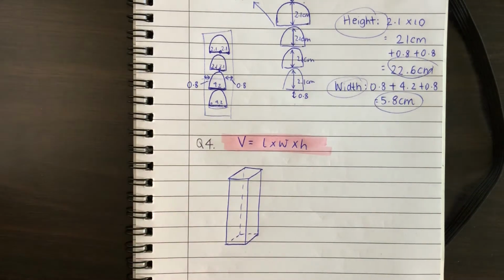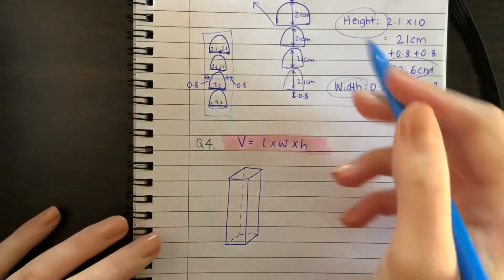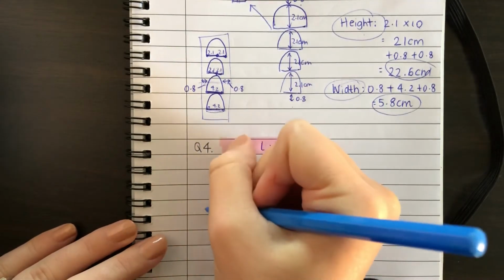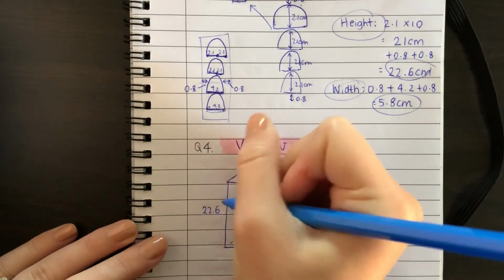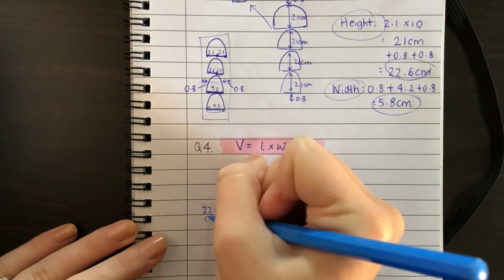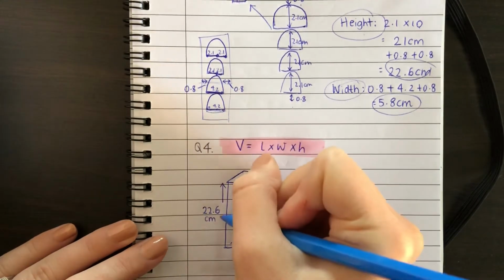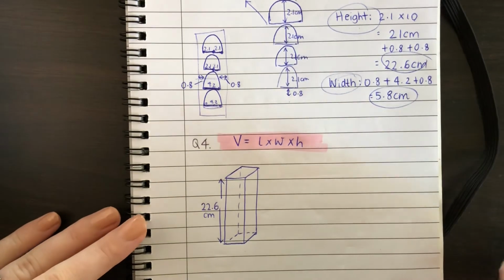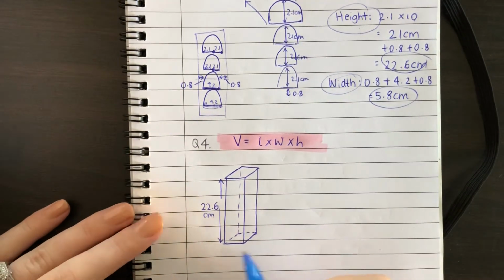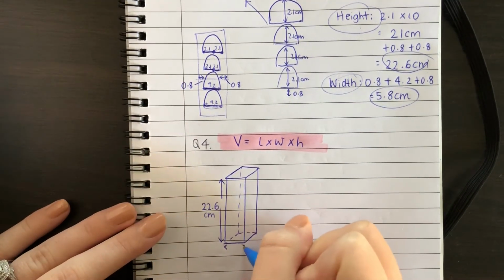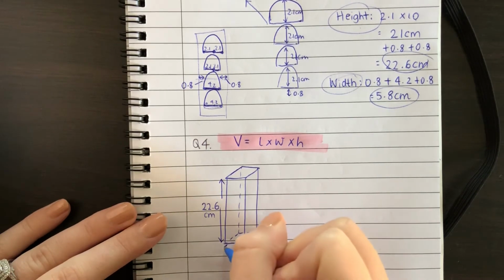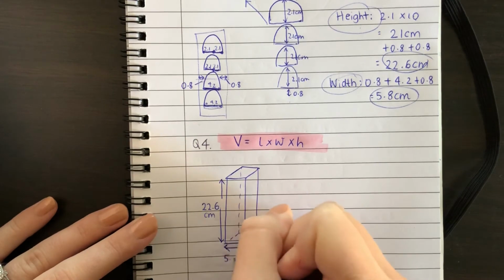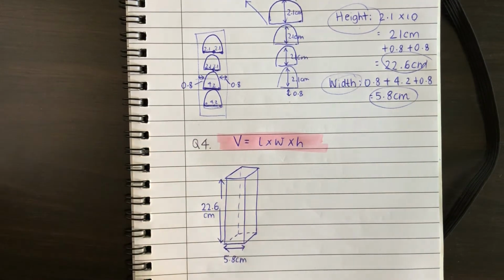Like so. Okay, so we said that the height from question 3 was 22.6, so it's 22.6 centimeters from there to there. All right, from here to here, that's our width. What did we say that was? 5.8.